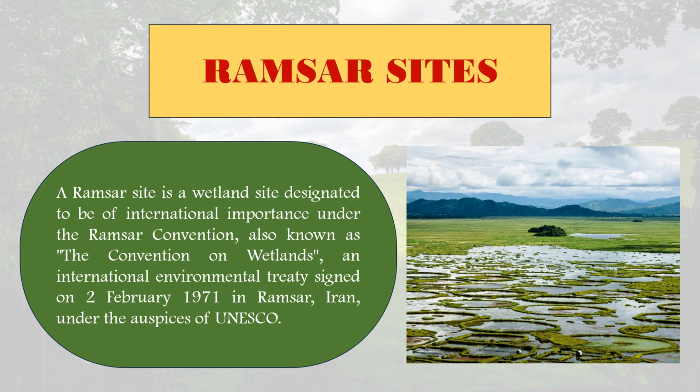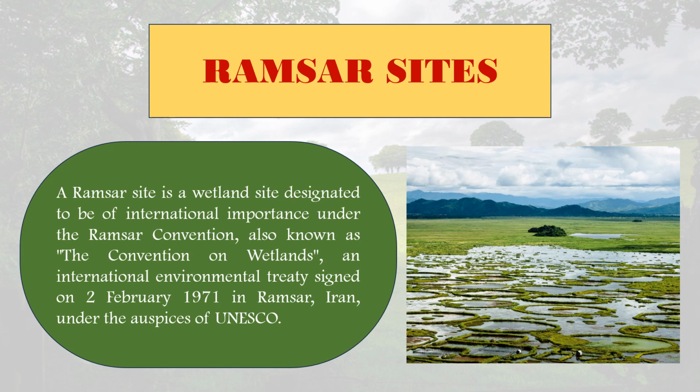So a Ramsar site is a wetland site designated to be of international importance under the Ramsar Convention, also known as the Convention on Wetlands, an international treaty signed on 2nd February 1971 in Ramsar, Iran, under the auspices of UNESCO.